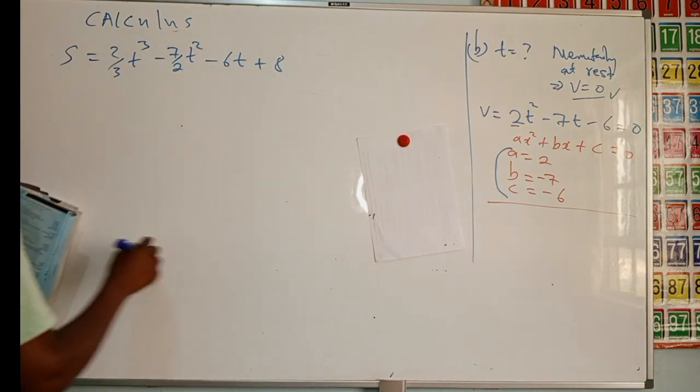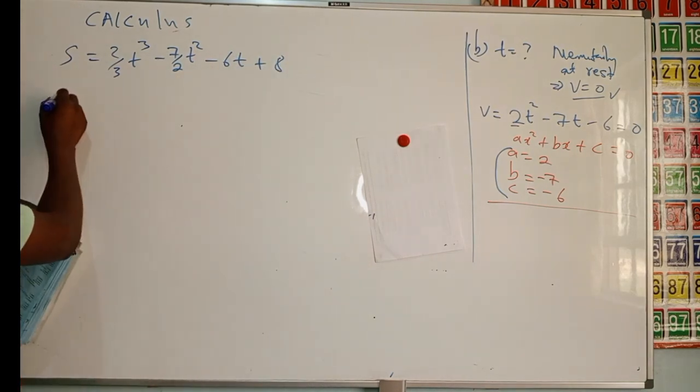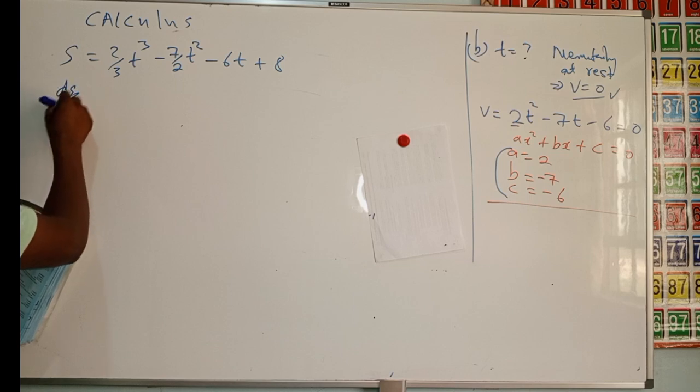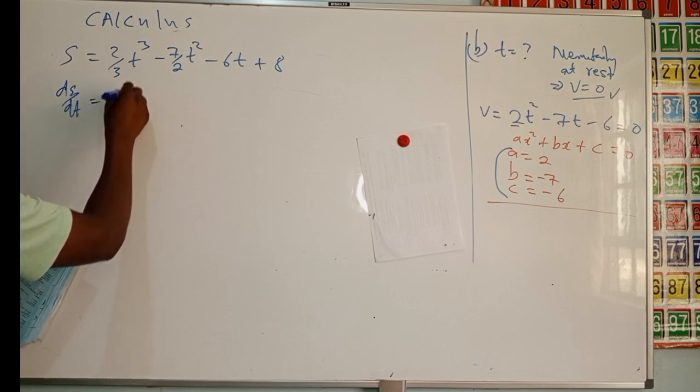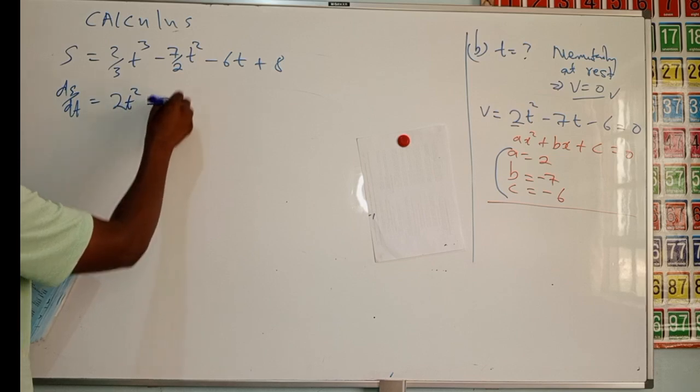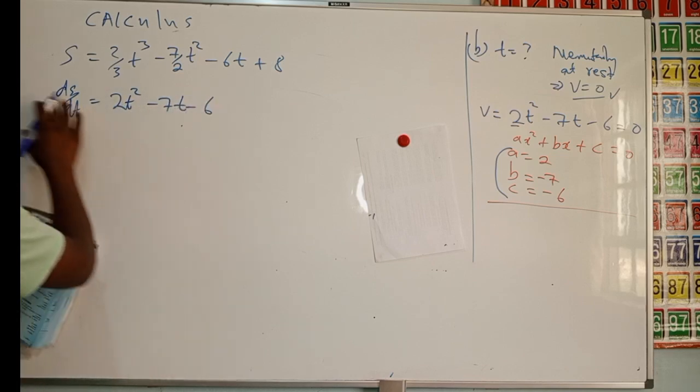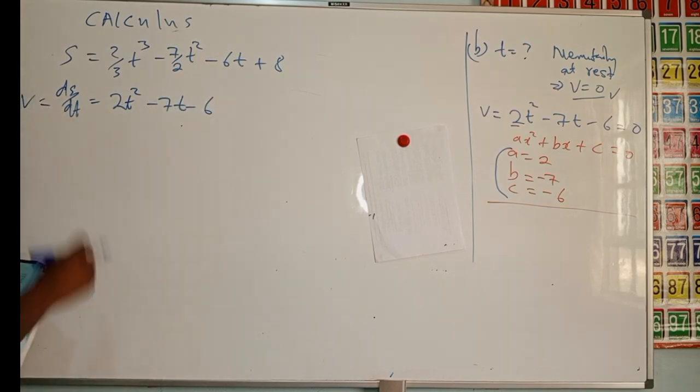And here we have velocity, which is change in s over change in t, equals 2t squared minus 7t minus 6. This is the velocity.